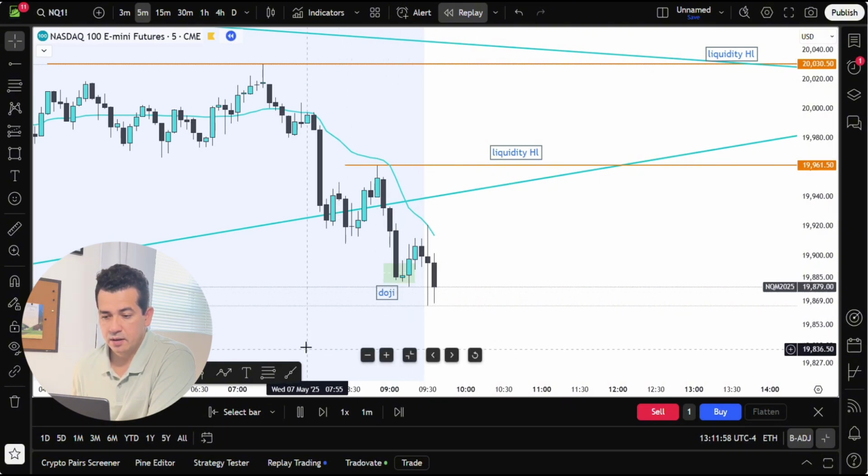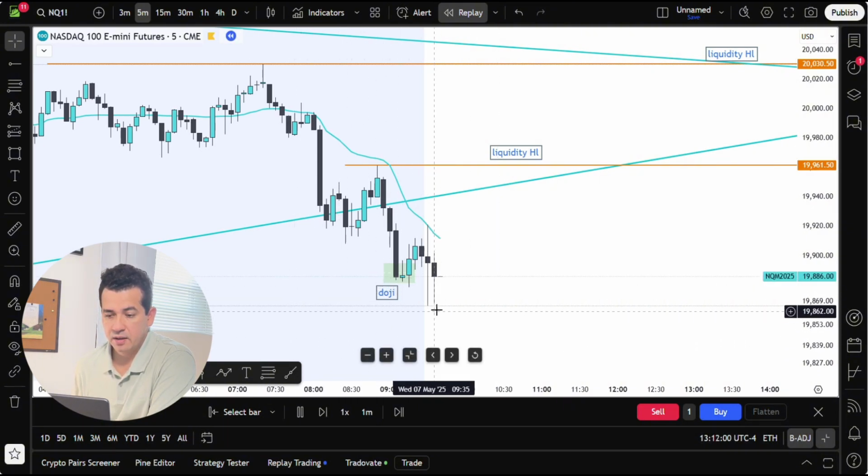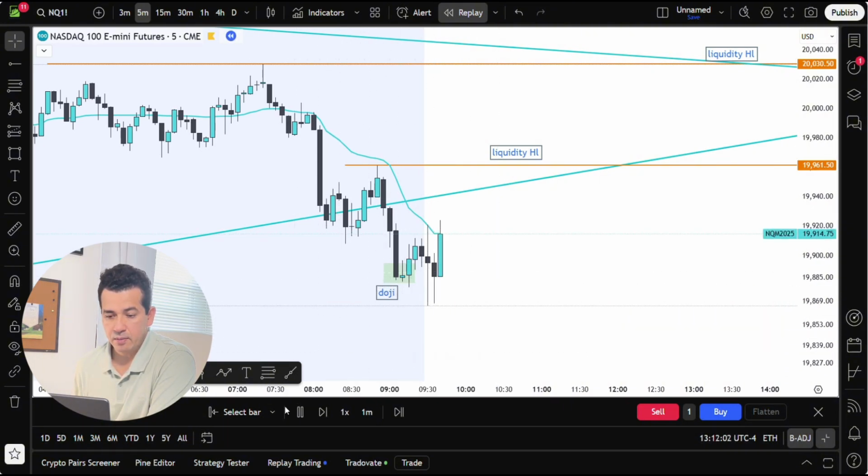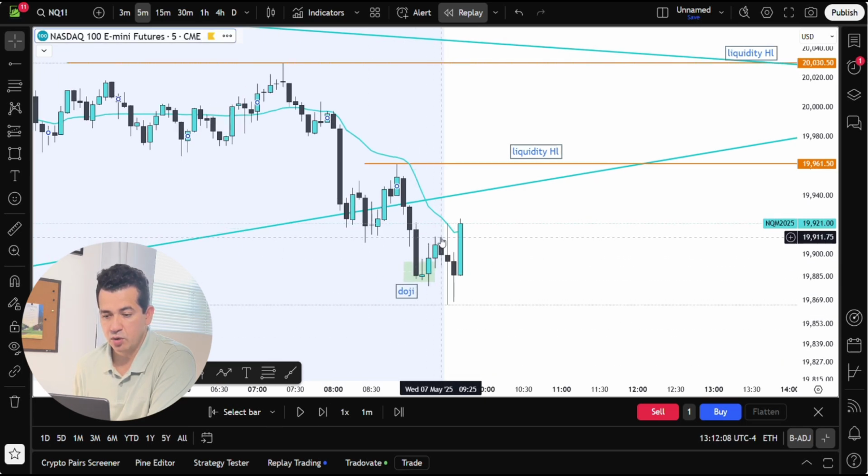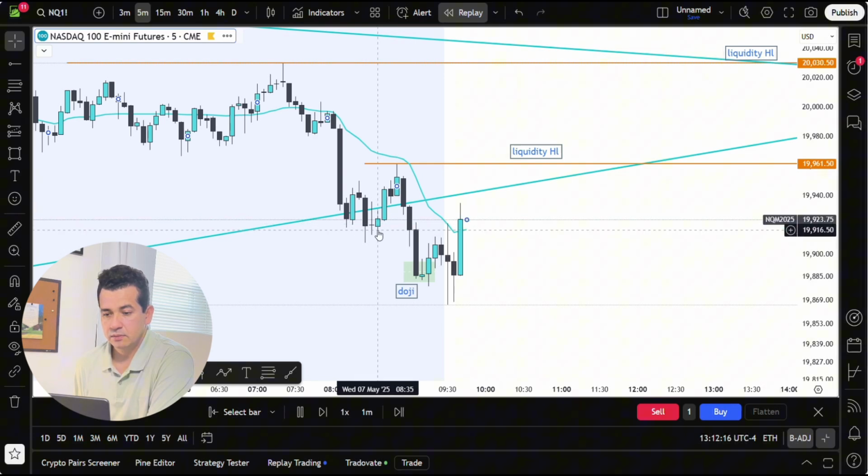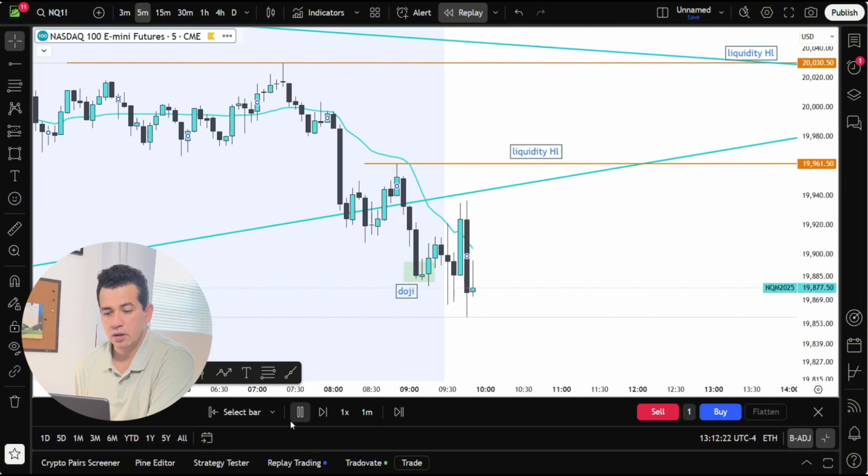All right, price drops again to the lowest point, and then there was a big push up. Break this high. The sellers that were going short at this point, they're getting crushed right here. They're getting stopped out. Let's keep playing. Wow, look at that.